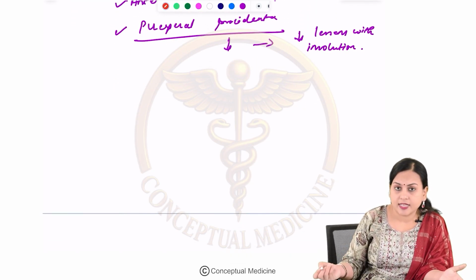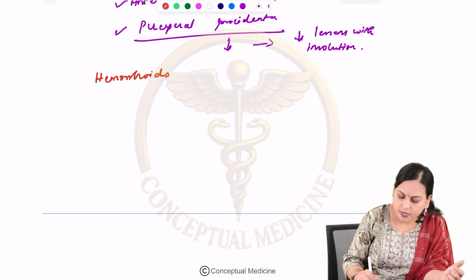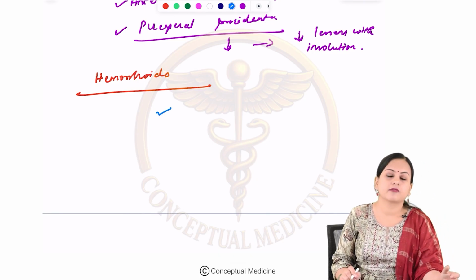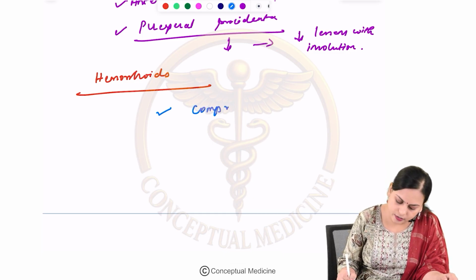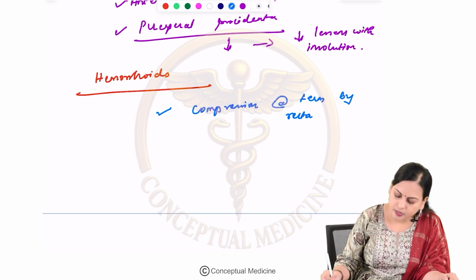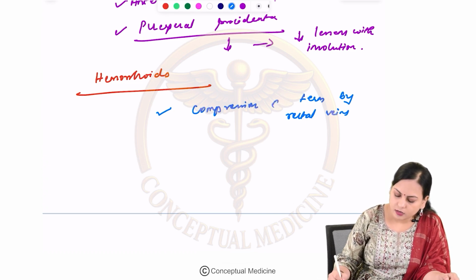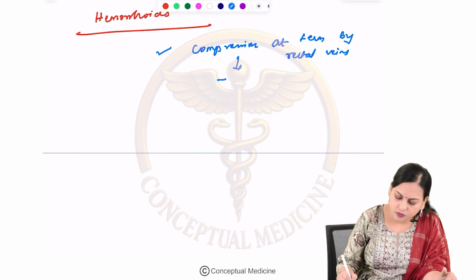And as I already told you, there can be a chance of hemorrhoids also. Now, why are hemorrhoids seen? Because during term itself, the gravid uterus is going to compress the rectal veins, right? So, compression of rectal veins at term can lead to hemorrhoids, and this can lead to thrombosis also.